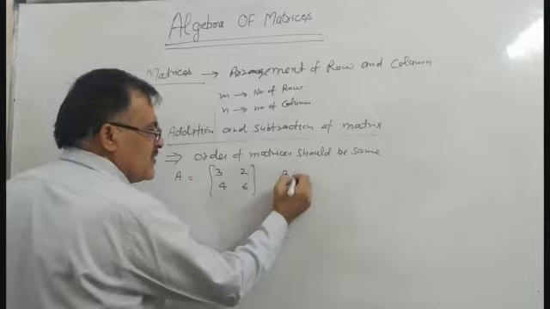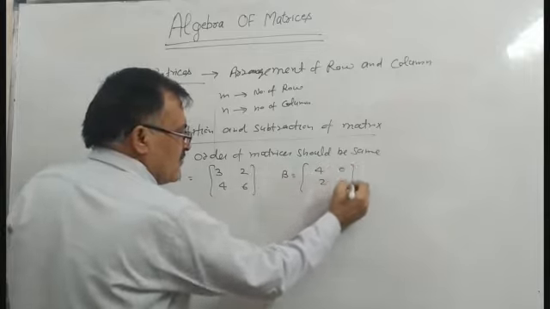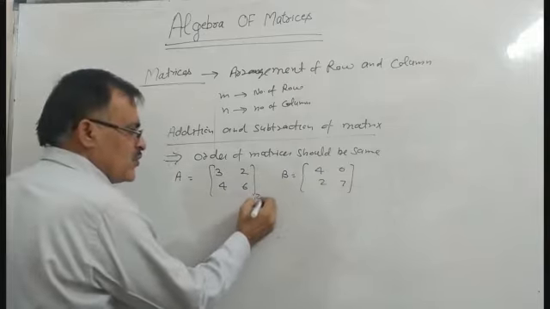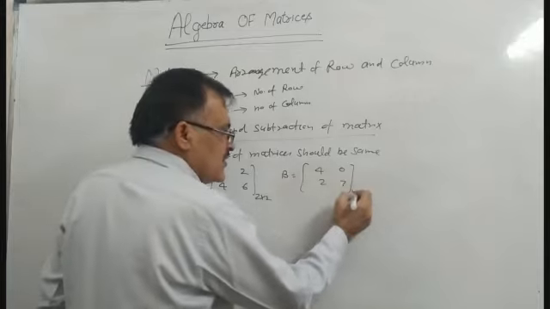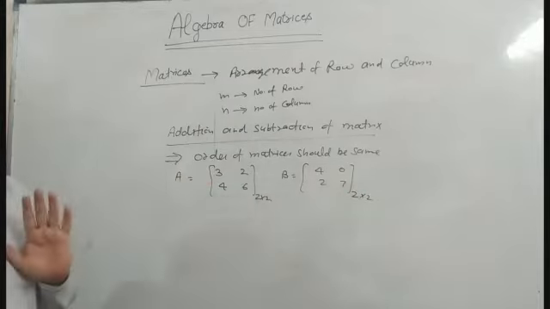and take B = 4 0 2 7. There are two matrices. The order of this is 2 into 2, and the order of this is 2 into 2. So we can add and subtract.